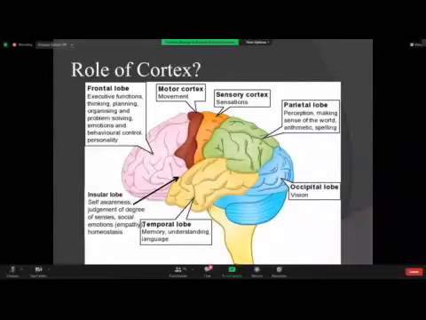Now, the frontal lobe, that is evolutionarily the most important aspect of the human brain. It plays the role in executive functions, thinking, planning, organizing, problem solving, emotions, behavior, and personality.